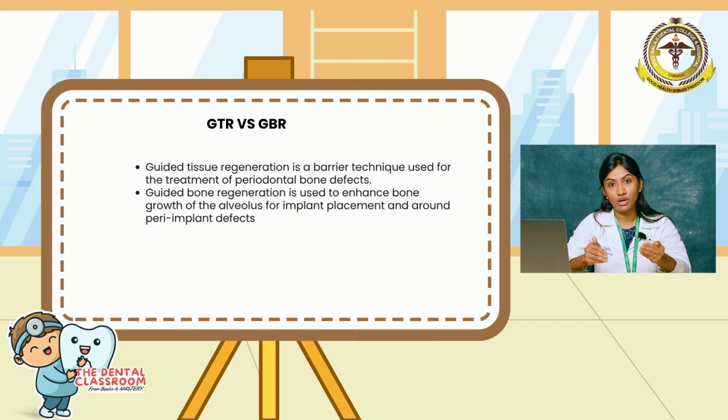Here we are going to regain both soft tissue and hard tissue. Whereas in guided bone regeneration, the ultimate aim is to enhance the growth of the alveolus, or regain the bone. This bony regeneration is used in peri-implant bone defects or any pre-prosthetic surgeries required for prosthetic procedures.